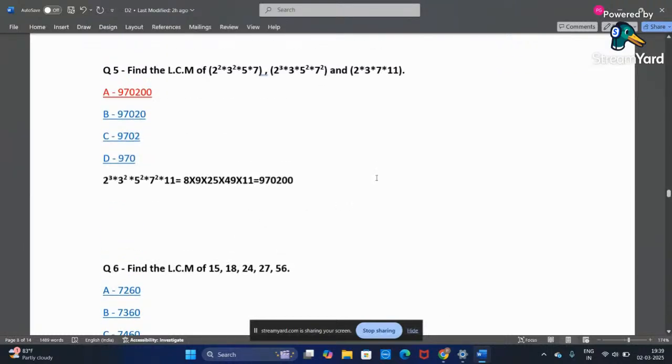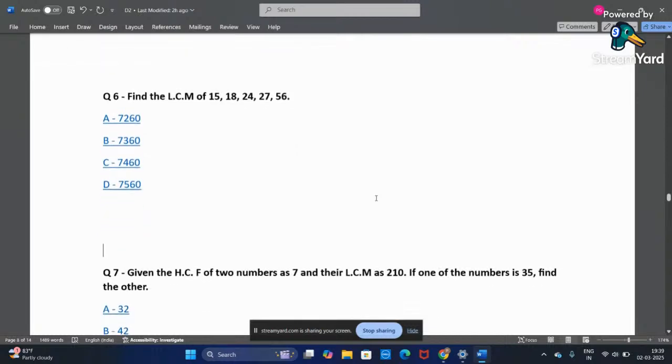Yes, you're right, Naresh. Find the answer for the sixth one. Find the LCM. Again, what you have to do? For 15, what are the digits we are getting? 3 into 5, right?